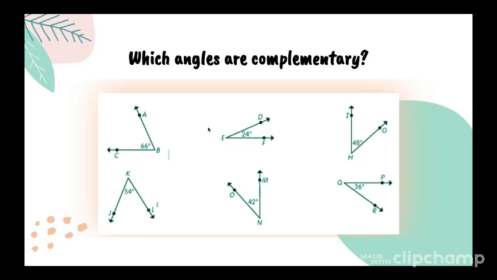However, there is also two more sets of complementary angles, and that is IGH and MON. Those have a sum of 90 degrees, as well as JKL and PQR.